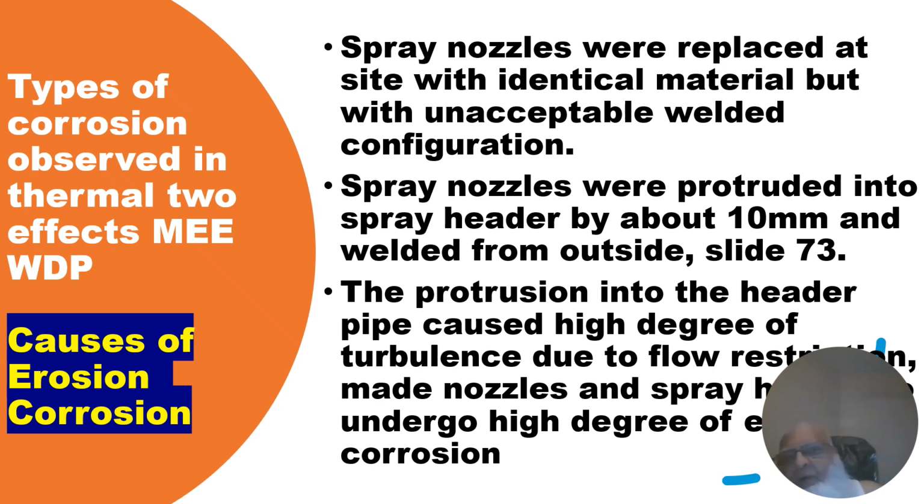Spray nozzles were protruded into the spray header by about 10 millimeters and welded from outside, as shown in the previous slide and slide 73 of the overall presentation. The protrusion into the header pipe caused a high degree of turbulence due to flow restriction, making the nozzles and spray header undergo a high degree of erosion corrosion.